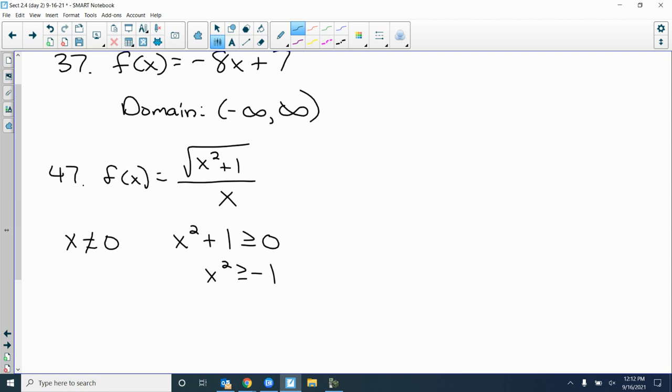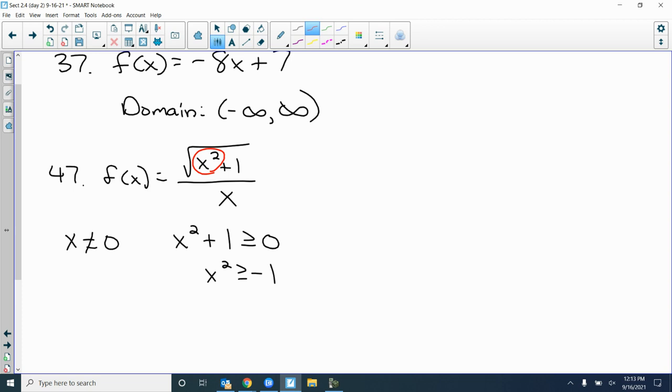But think about this. If I plug in a negative number, do I get back a positive or a negative? You always get back a positive, right? -3 squared is 9. 9 plus 1 is 10. -2 squared is 4. 4 plus 1 is 5. Can that ever be negative? x squared plus 1.